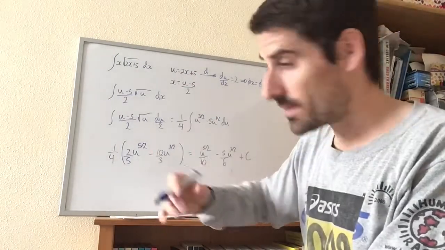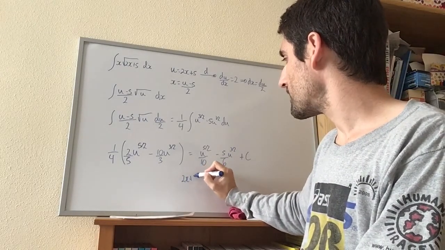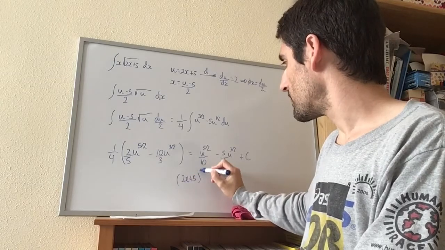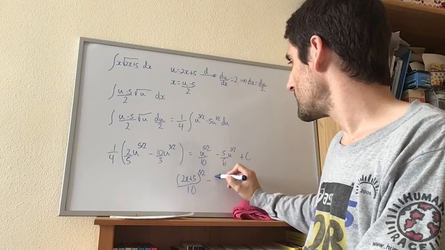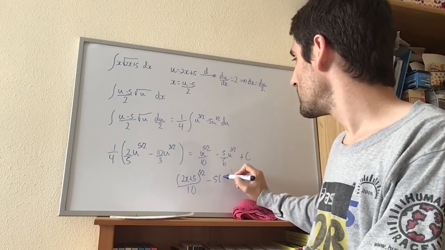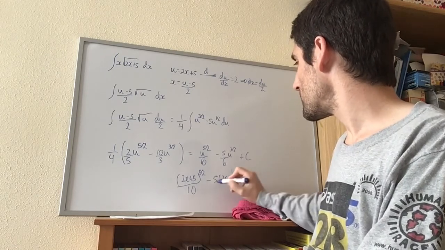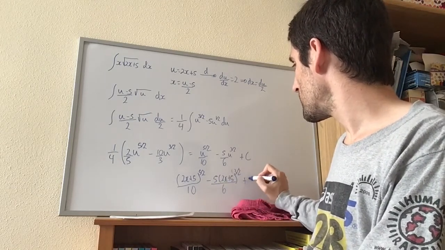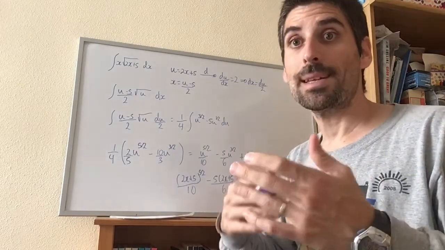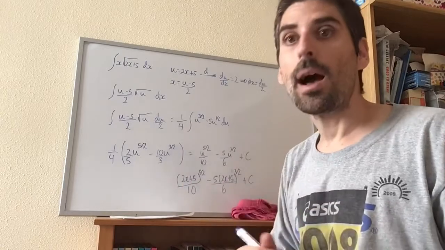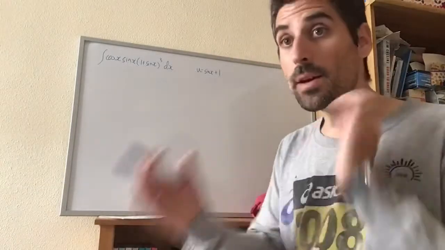My final answer is 2x plus 5 to the 5 halves over 10, minus 5 times 2x plus 5 to the 3 halves over 6, plus c. This is one of the easier examples that you could get, and we're going to do a trickier one next. Okay, so here we go.